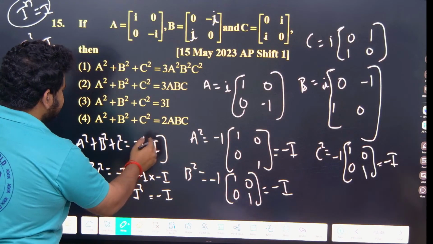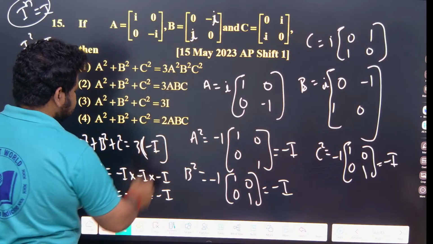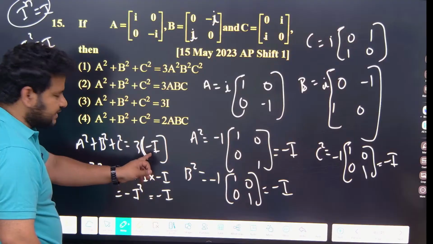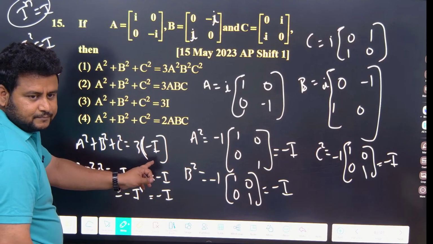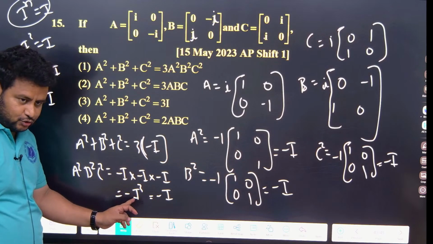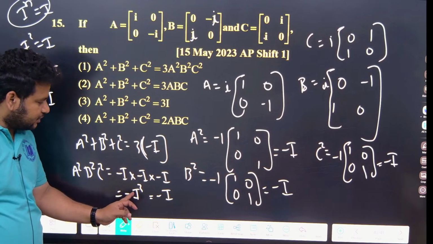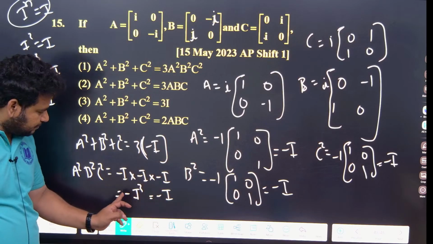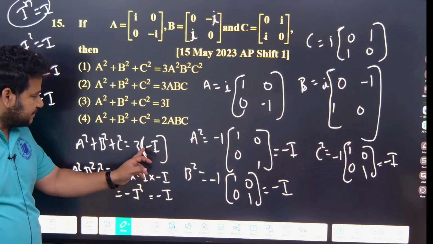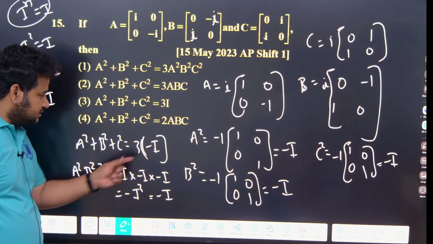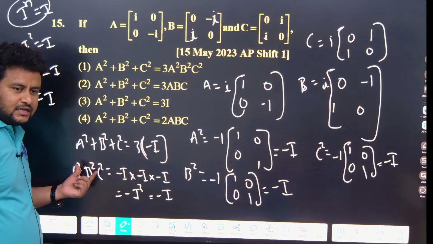So 3 times of what is this? A square b square c square is nothing but minus I only. On doing A square B square C square I got minus I cube. I cube is nothing but equal to I, because I power n is equal to I, so minus I. Here also I am having minus I. So instead of minus I I can write A square B square C square.